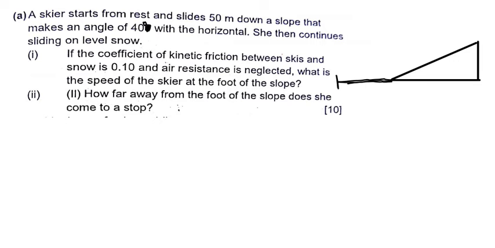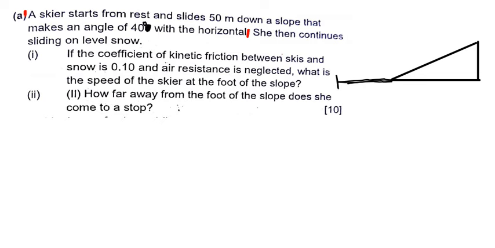Sometimes understanding the question is one of the most important things. If you read the question from here all the way to here, they are not mentioning anything about the snow. She then continues sliding on the level snow. Then part A, if the coefficient of kinetic friction between the skis and the snow is 0.1 and air resistance is neglected, what is the speed of the skier at the foot of the slope?